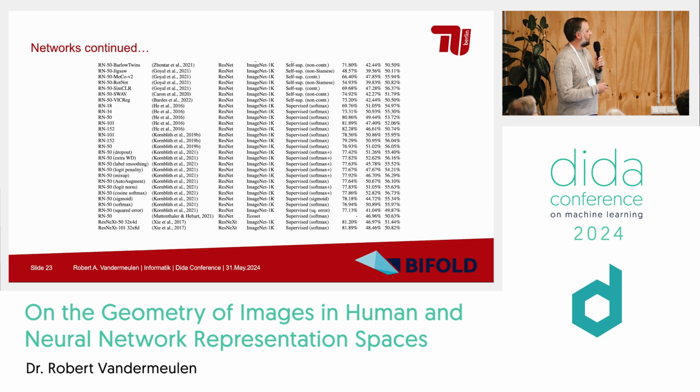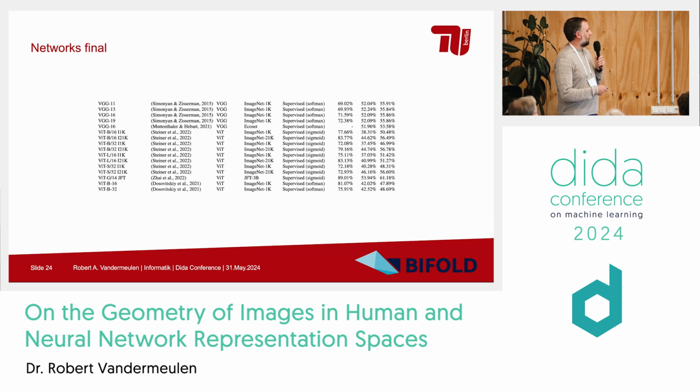We have self-supervised models with different kinds of losses. And here's JFT3B, a big proprietary data set at Google. This is a massive supervised data set. So there's a lot of different stuff in there, and we can explore what patterns we see and so forth.